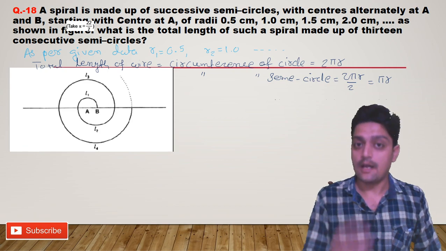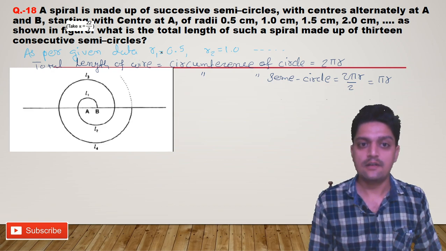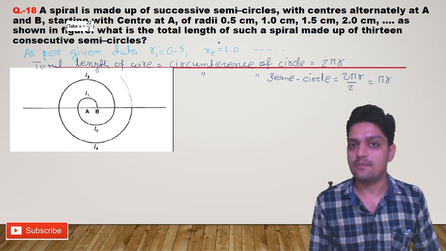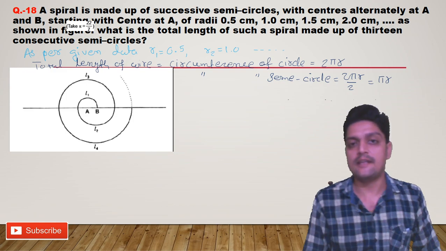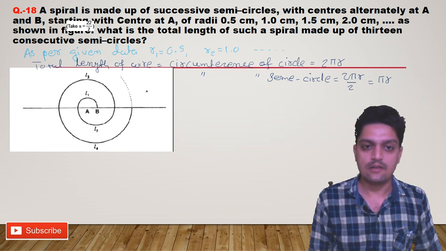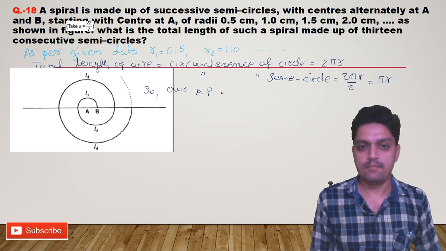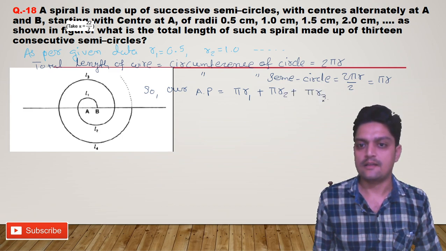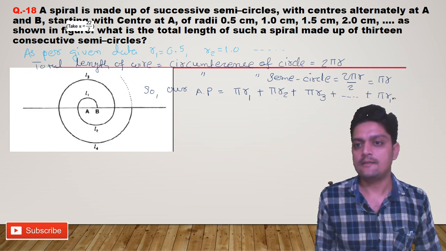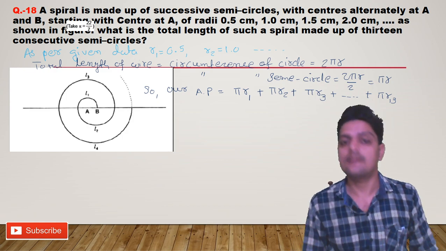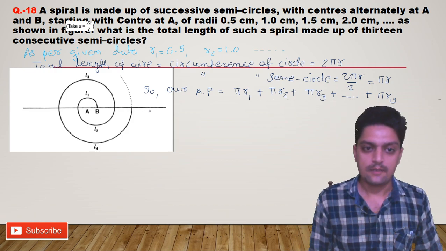Now, as you know, R is first 0.5, second is 1.0. So our AP, arithmetic progression, can be written as pi R1 plus pi R2 plus pi R3 and so on up to pi R13. Let me write all this data.